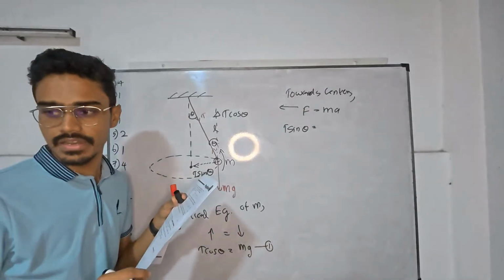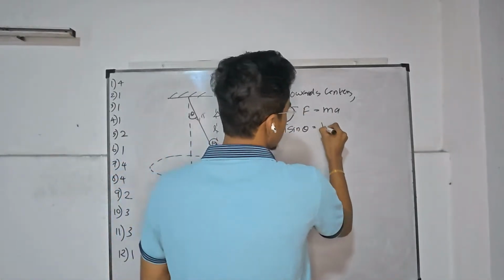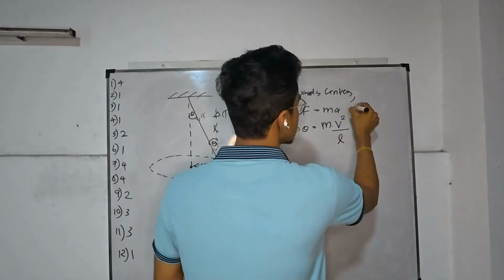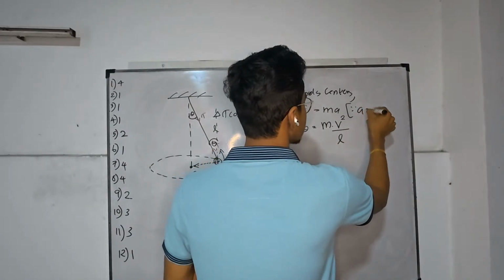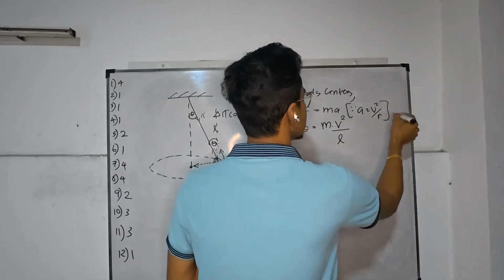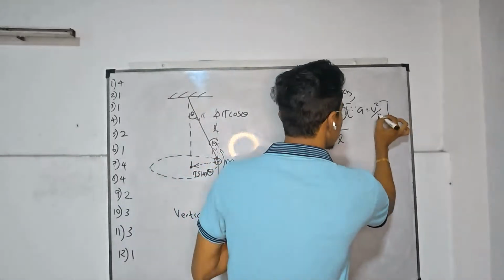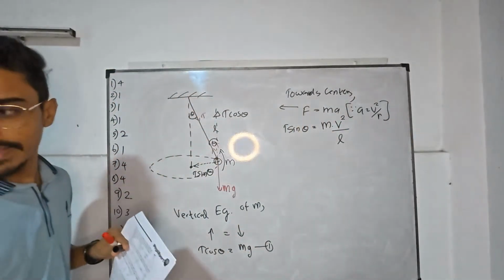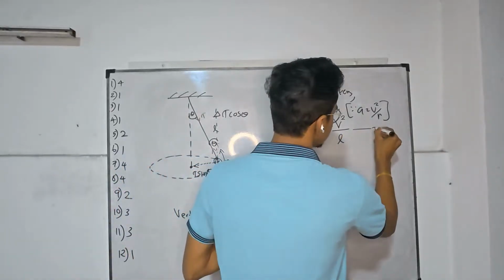That can be expanded as mv squared over r, where r is L, because a equals v squared over r. I consider this as equation 2.